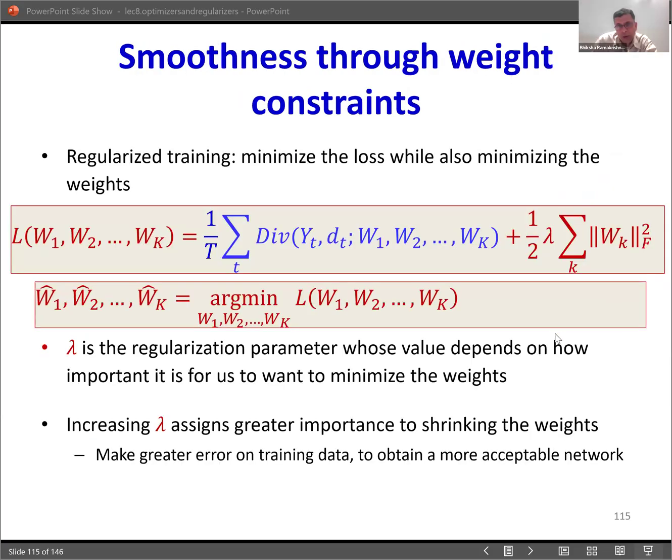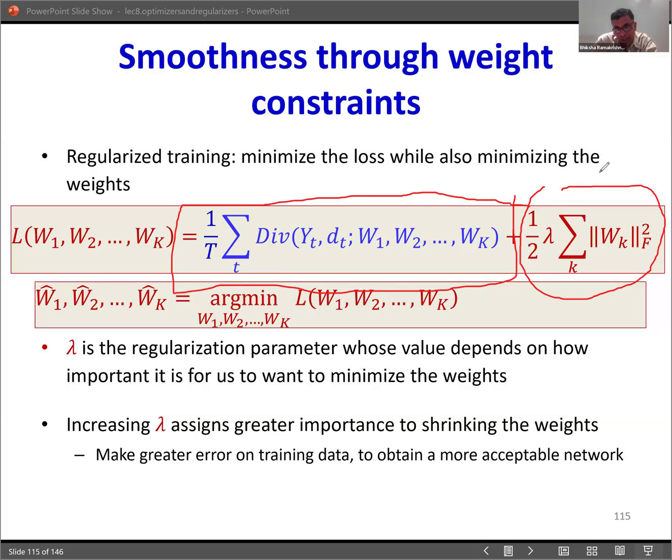But now you're going to add an additional constraint which says that not only do I want the average divergence to be minimized, I want this to happen while also ensuring that the weights themselves do not get very large. So you add this extra regularization term, so that the overall loss function not only minimizes the divergence, while doing so, it also minimizes the weights. Is this making sense to everybody?